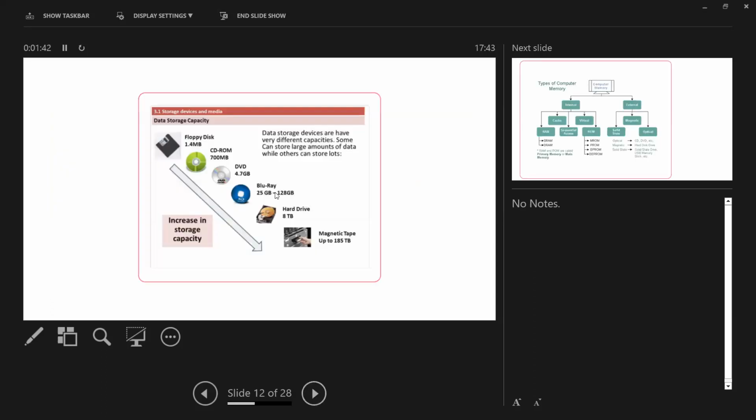Next one. Okay, this is a nice story. Data storage capacity. When we were small, we saved data on a floppy disk, which was the highest capacity at that time, 1.4 megabytes, when I was in grade 10.